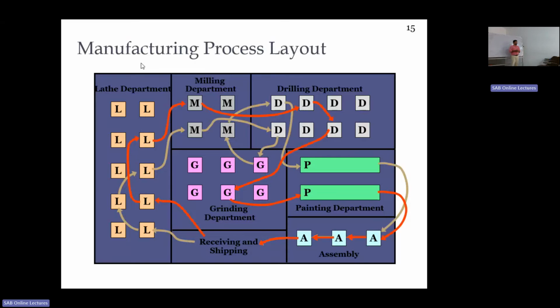Can you see? Likewise, when the resources are grouped based on the function, based on the similarities, it is more convenient to offer a variety of products. And such arrangements are called, what is the name? Functional layouts or process-oriented layouts. Clear?